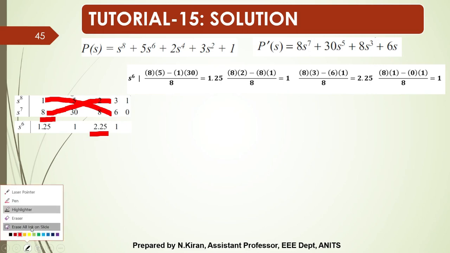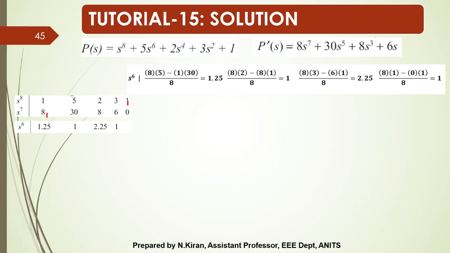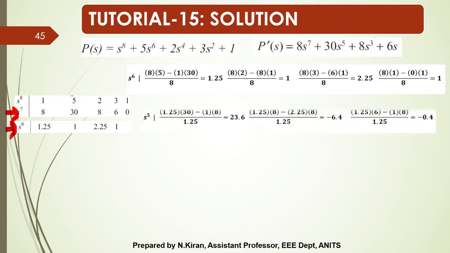And the fourth element, 8 into 1 minus 0 into 1 divided by 8, will give me the fourth element, which is 1, in the corresponding row S bar 6. Now to get the next elements of the corresponding row S bar 5, I will consider S bar 7 and S bar 6, using the formula.